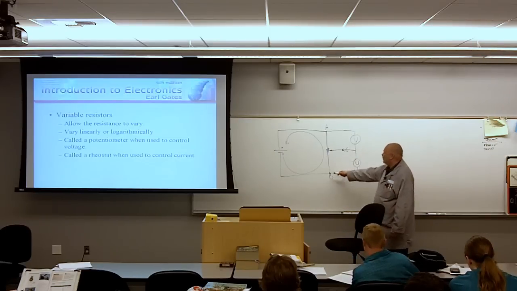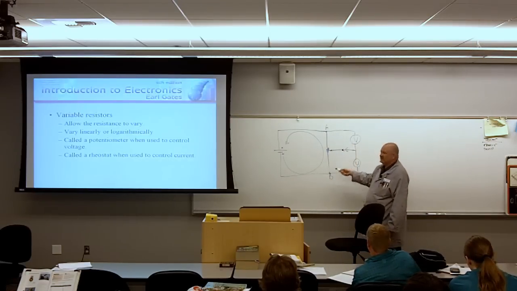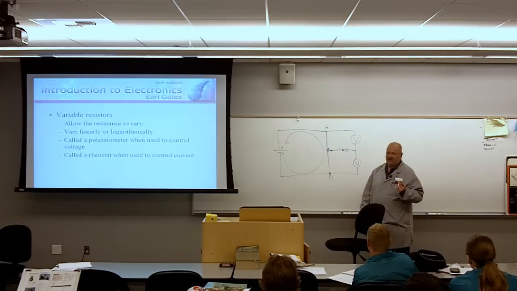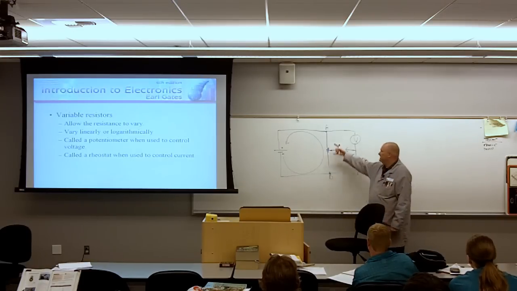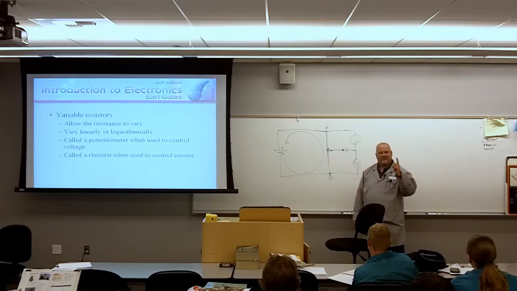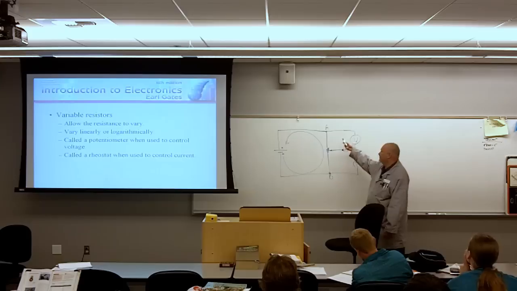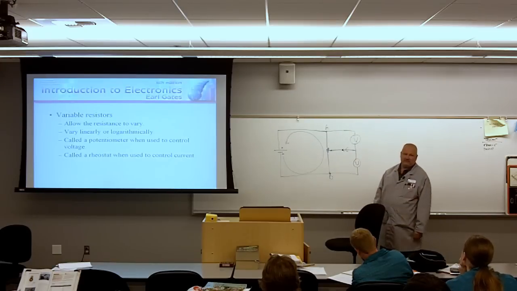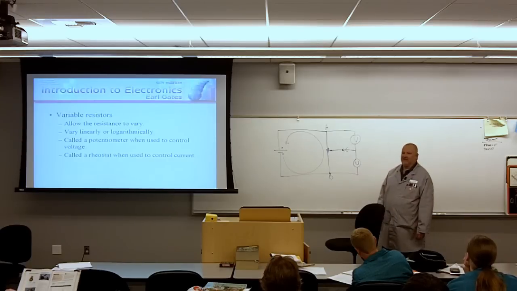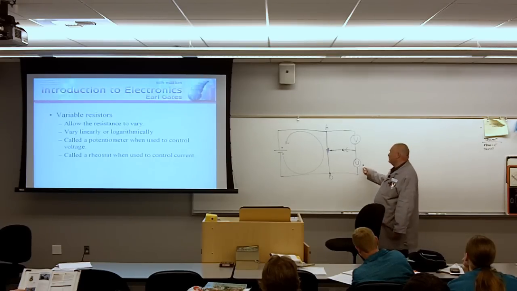So when I connect all three, I could use this as a voltage divider. 100% of the voltage that gets applied between A and B gets divided proportionally between the wiper arm and the outer terminals. When I have it configured like this and I'm dividing voltage or controlling voltage, we call that a potentiometer.